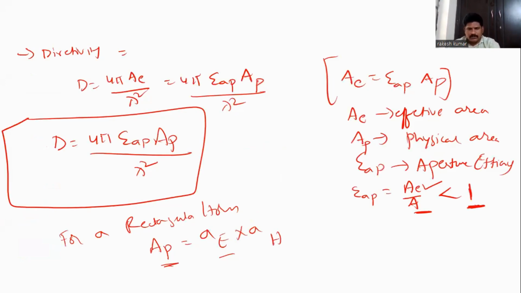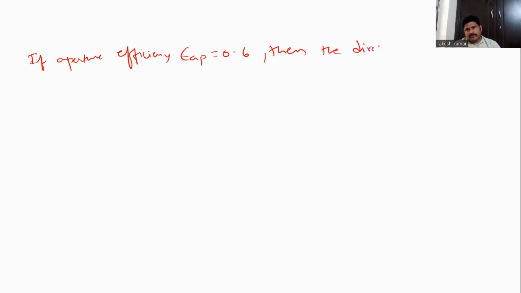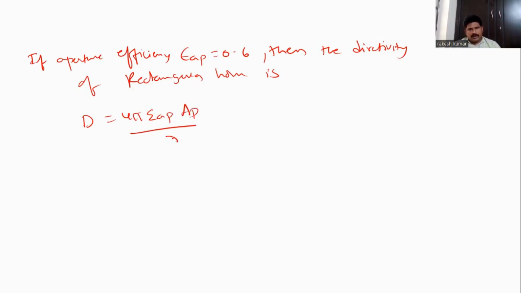So if the aperture efficiency epsilon AP is equal to 0.6, then what is the formula for the directivity of a rectangular horn? D is equal to 4 pi into epsilon AP into AP by lambda square.